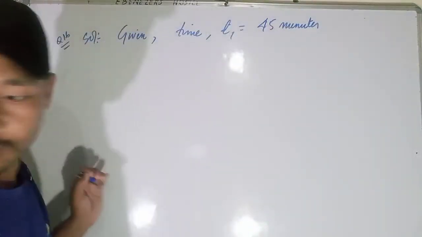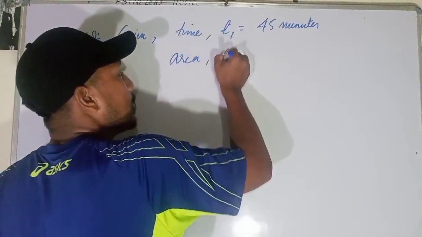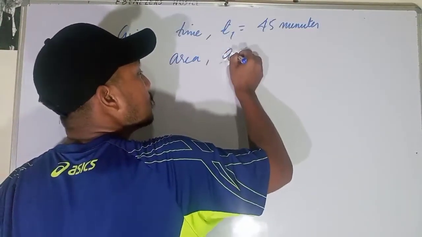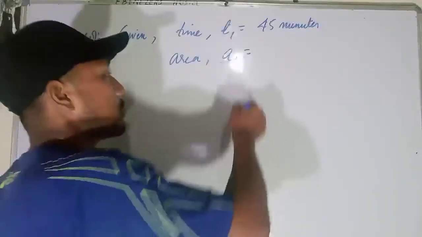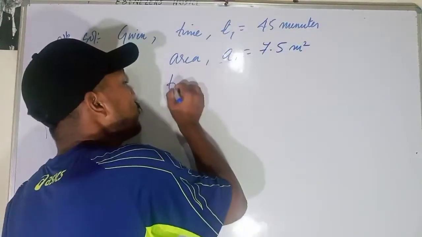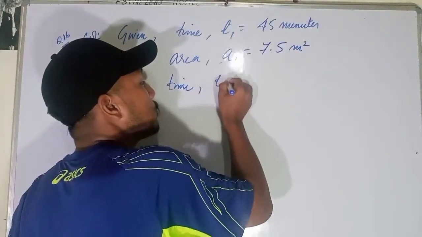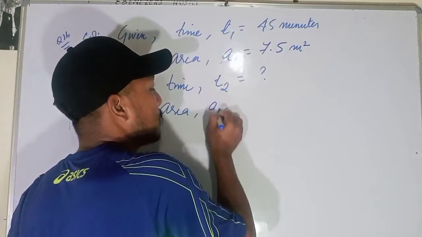Let's say area A1 is given as 7.5 meter squares. So time 2 they have not given, but area A2 is given. What is it?